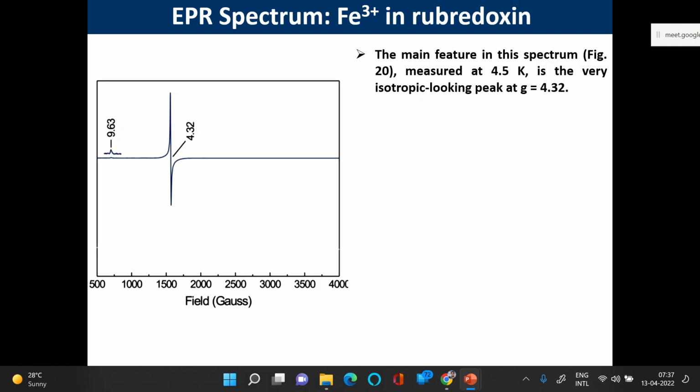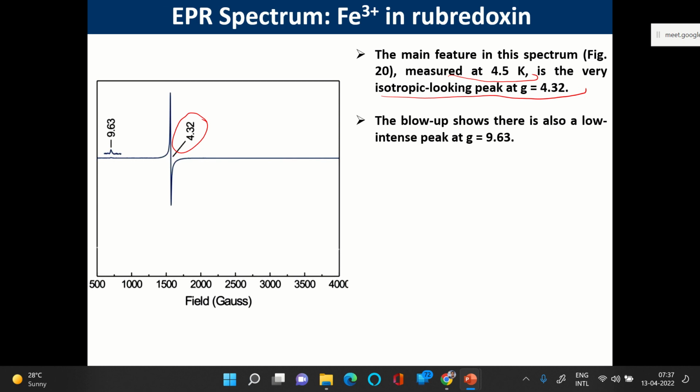So the main feature, this is measured at 4.5 Kelvin, a very isotropic looking peak at 4.32, this is what we obtained. This zoomed in view shows up 9.63.